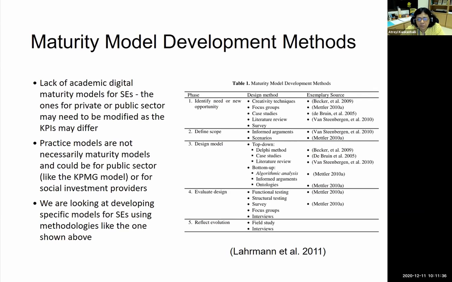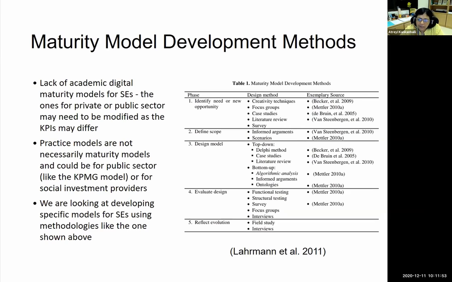So with that in mind, we looked at how can we develop more specific maturity models for this class of organizations.